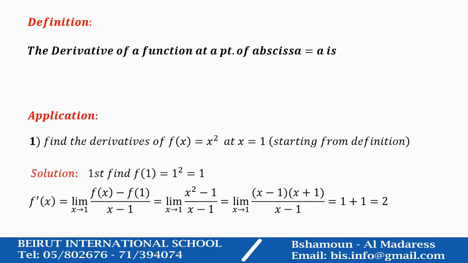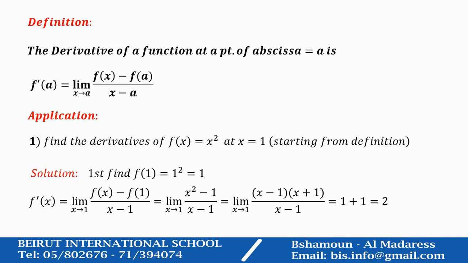So by definition, the derivative of a function at a point of abscissa a, we call it f prime of a, which means f prime is the derivative of f. At a point of abscissa a, f prime of a is the limit as x approaches a of f of x minus f of a over x minus a. You can tell it is the change of y over the change of x. It is rise over run. It is the rate of change.